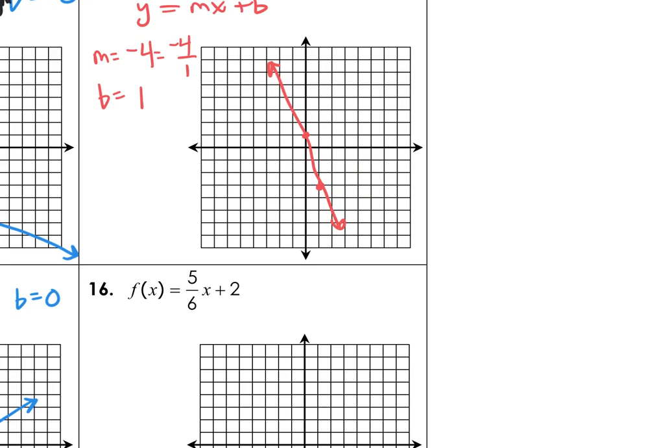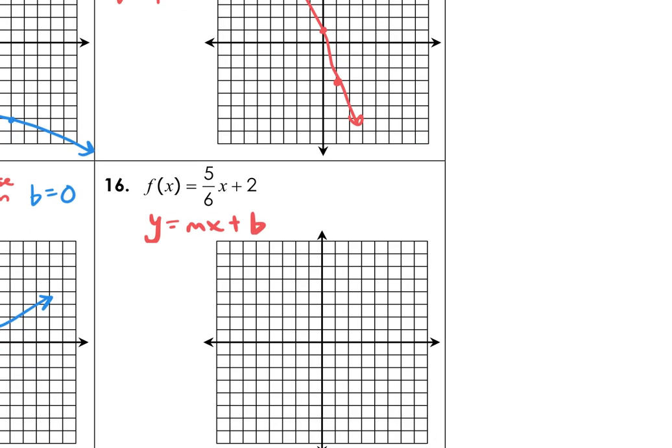And number 16, Sarah J., what's the slope on this one? And the y-intercept? Good. So we start at 2. We go up 5 and over 6. Everyone good? Questions at all?